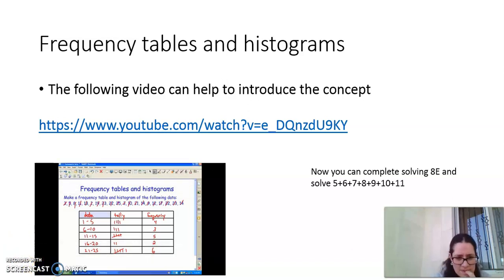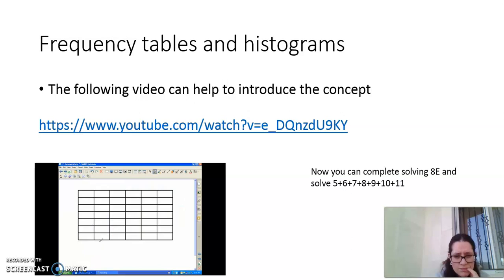Histograms look just like bar graphs, but they actually come from frequency tables. So on the bottom of my histogram, instead of having categories, what I have down here are my intervals. So this would be 1 to 5, this would be 6 to 10, 11 to 15, 16 through 20, and 21 to 25.